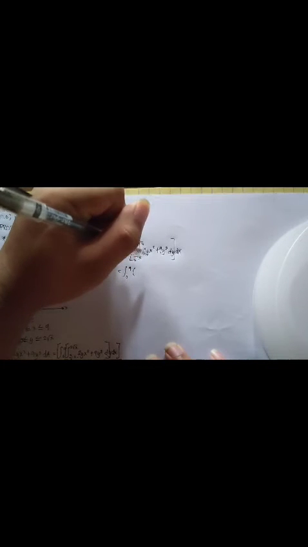The integral of 2y x squared plus 9y cubed dy is: 2y x squared gives y squared x squared, plus 9y cubed gives 9/4 y to the fourth if it is integrated.